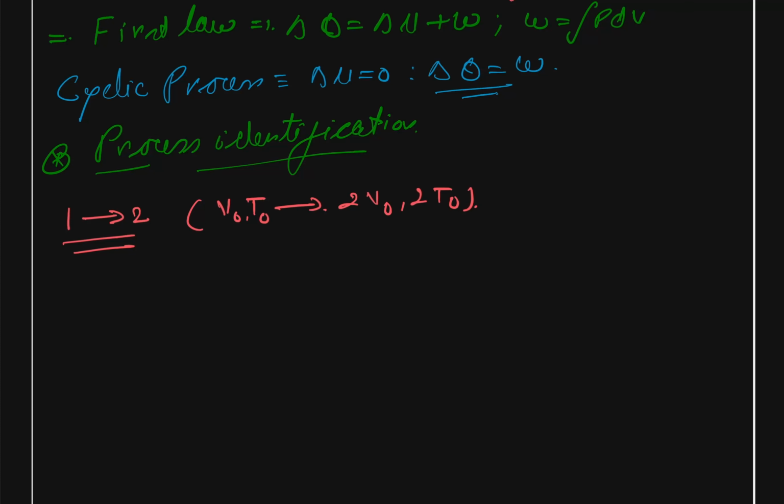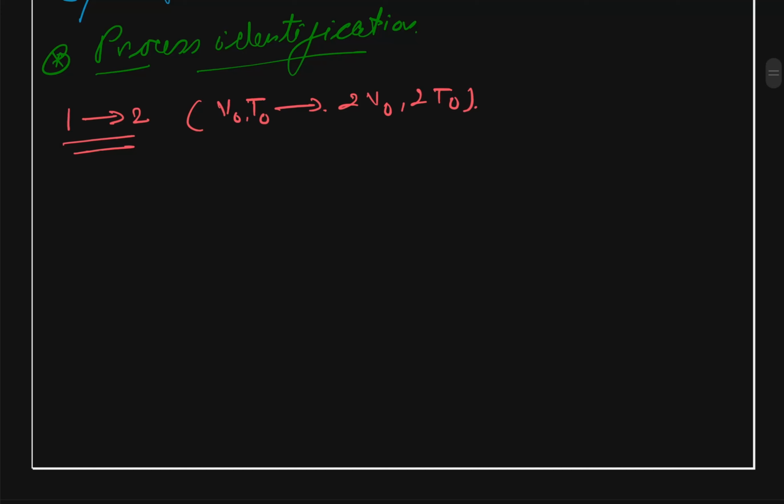And we are going to find out the pressure. So we can say that the pressure at 1, let us call this P1, will be equal to R T0 divided by V0. And the pressure at 2, let us call this P2, will be equal to R times twice T0 divided by twice V0.